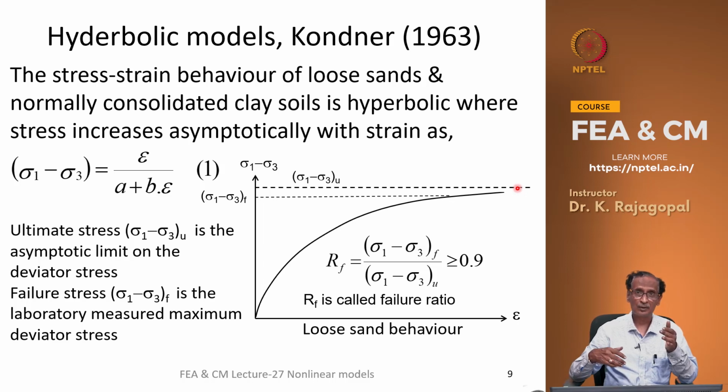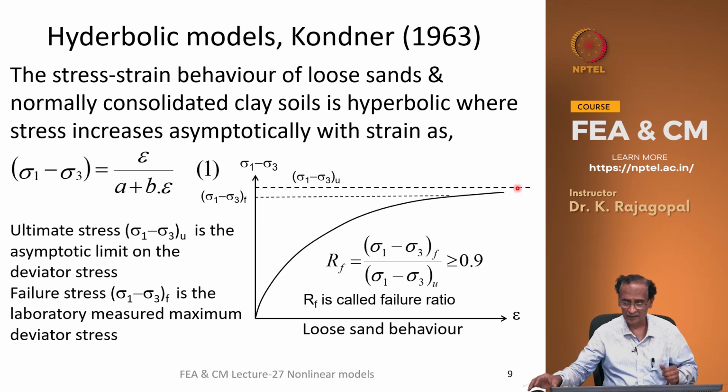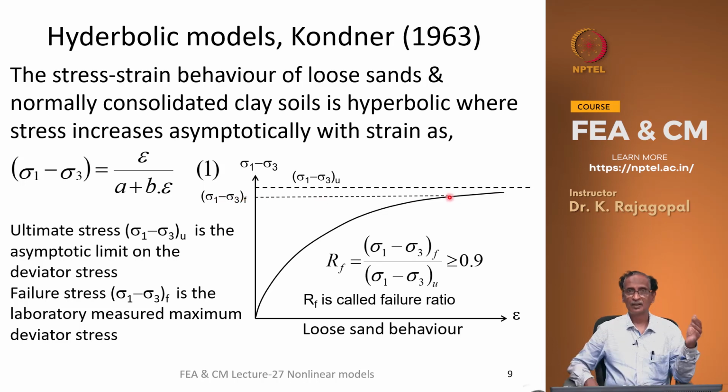Say for example, if your laboratory apparatus can perform only strains up to about 15 to 20%, and sometimes for some soils within that 20% strain you may not be able to achieve your peak stress or the limiting stress. The sigma 1 minus sigma 3 ultimate is actually an asymptotic limit, whereas sigma 1 minus sigma 3 f is the failure limit that we define based on our own limitations.